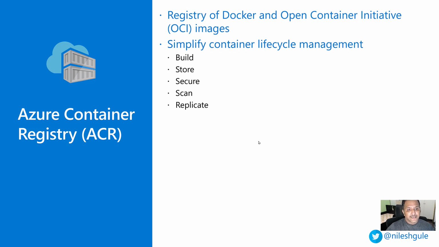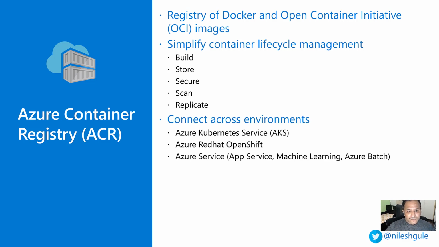This scan can be done when the images are stored inside the registry, as well as when the images are deployed onto a Kubernetes cluster and running on the actual runtime environment like Kubernetes or OpenShift. And for premium subscribers, we also have features like replication. We can replicate the container registry to two different data centers, and this enables high availability.